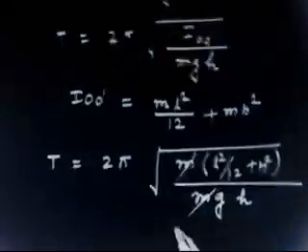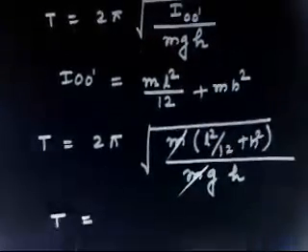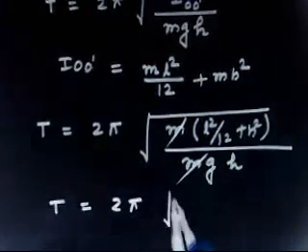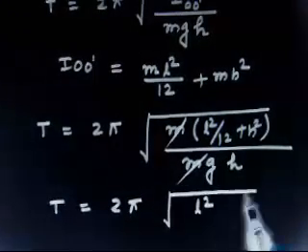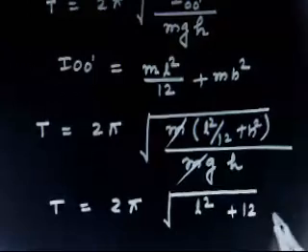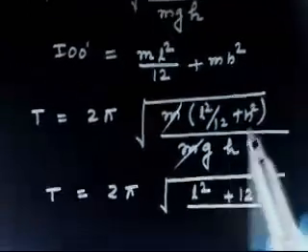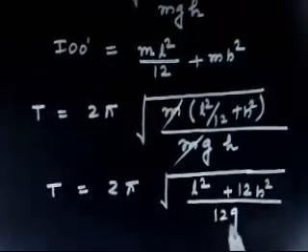So m goes out, and we will have the time period is 2 pi under root of L square plus 12h square divided by 12gh. Are you getting it or not?